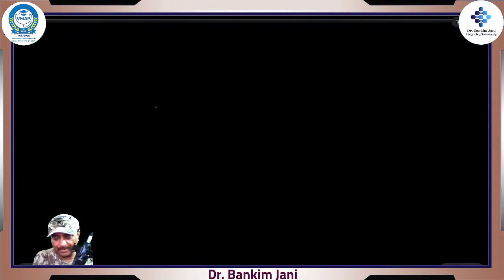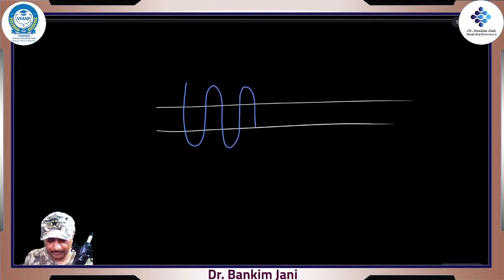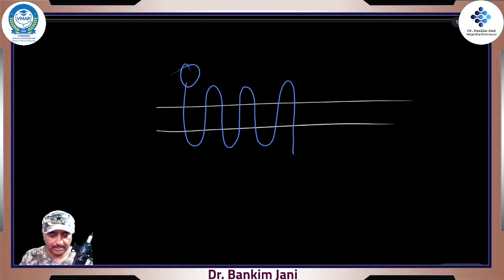So here is our cell membrane, and this is our protein, our receptor, with 1, 2, 3, 4, 5, 6, and 7. Here is that center which is picking up the signals.